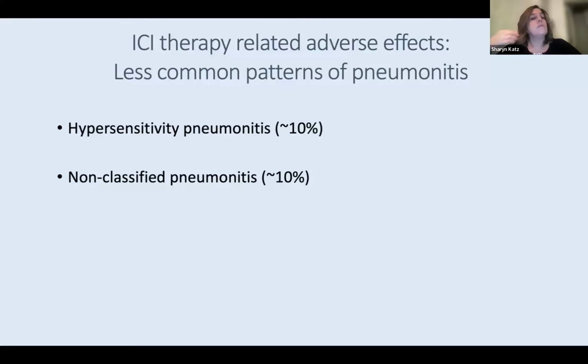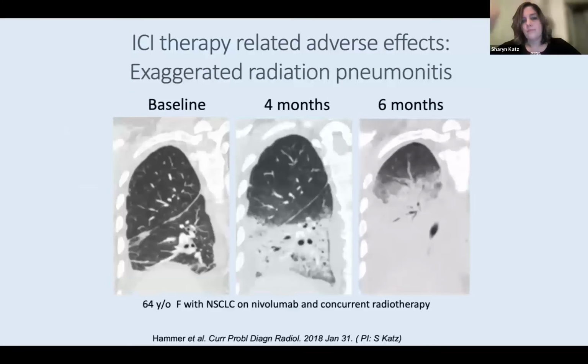You would also consider a typical infectious process with that pattern. But in my experience, I've never seen it. Since it is reported, I thought I'd share that with you.